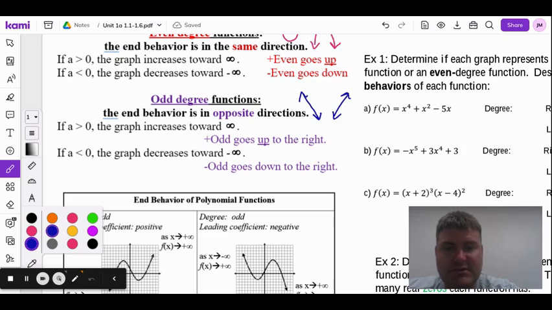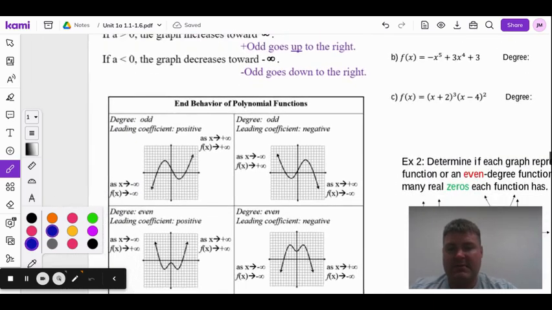Those are odd degree functions. You can notice that the end behavior is opposite. If our a value, our leading coefficient, is positive, we're going to end up at positive infinity on the right side. That's our right end behavior. And then if our a value is negative, then our right side will end up being negative.